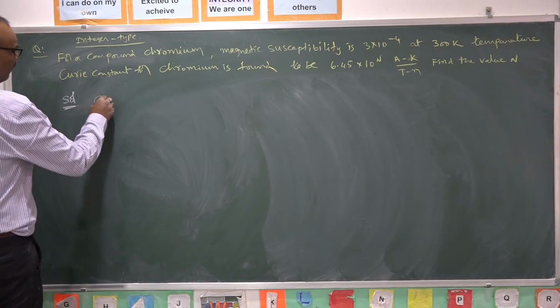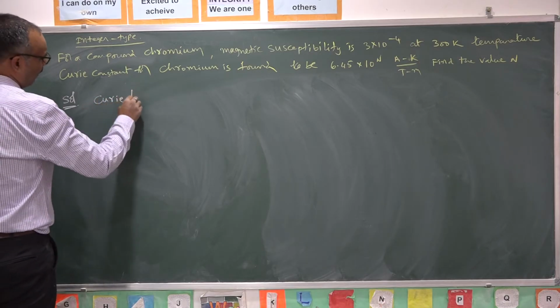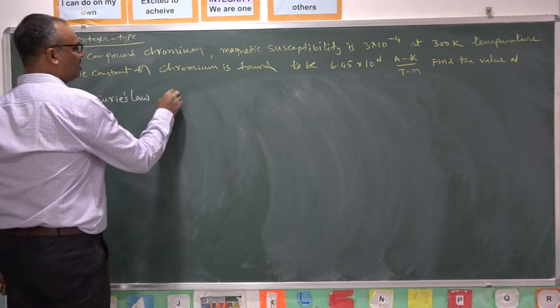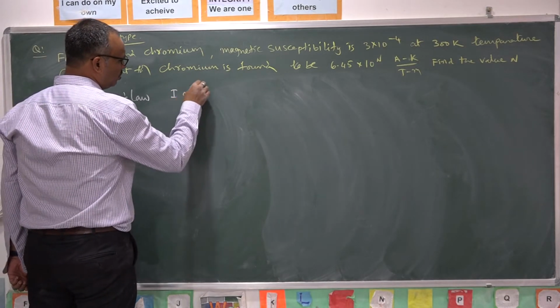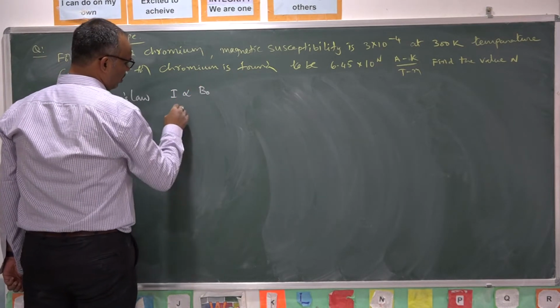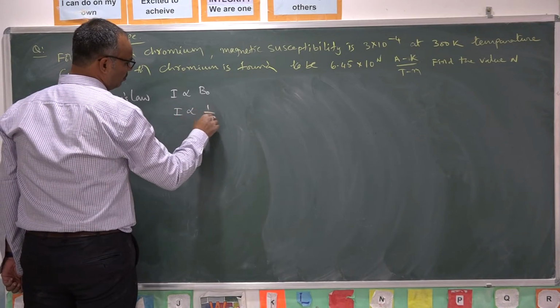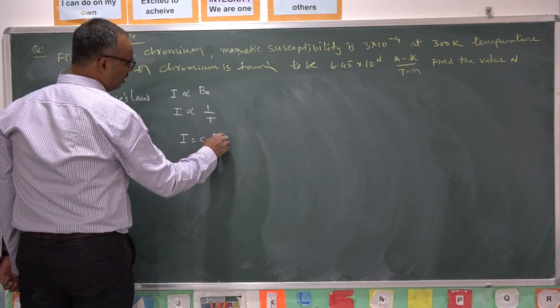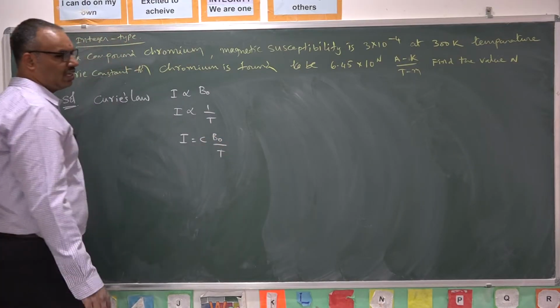As we know, Curie's law: intensity of magnetization is proportional to B naught, and I is proportional to 1 by T, so I is equal to some constant into B naught by T. This law is called Curie's law.